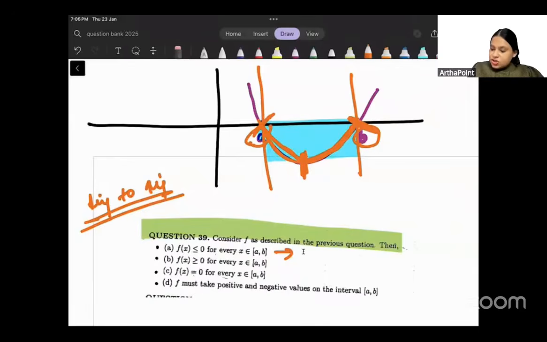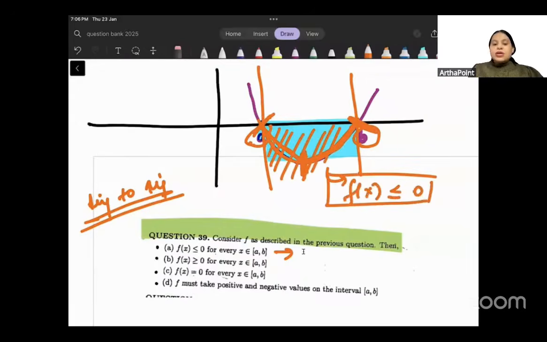So this function must be here. So the function between a and b must be less than equal to 0. So the correct answer will be A. That's the correct answer. Any doubt in this? Pretty simple question. You just have to think about basic differentiation, right?